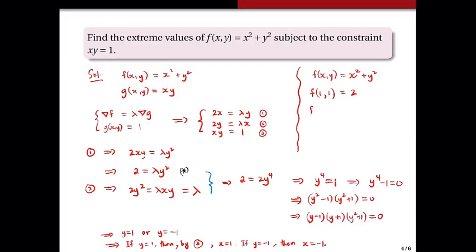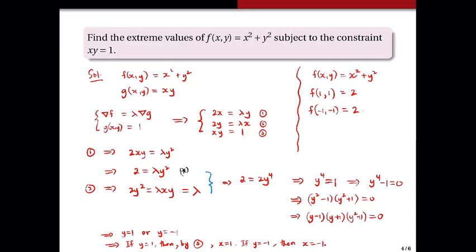And then f of -1 comma -1, for the point -1, -1, we will have again 2.